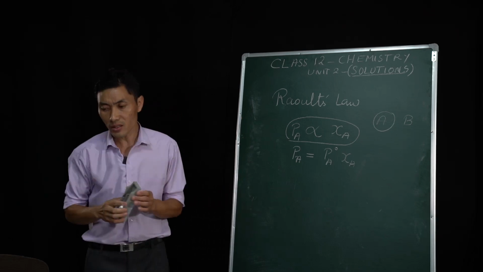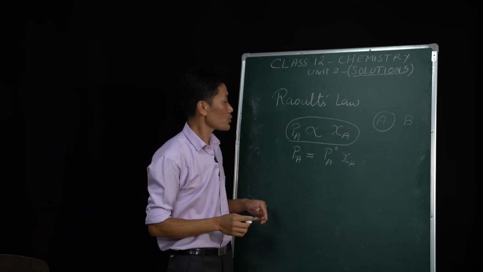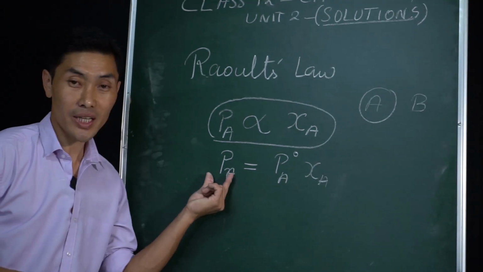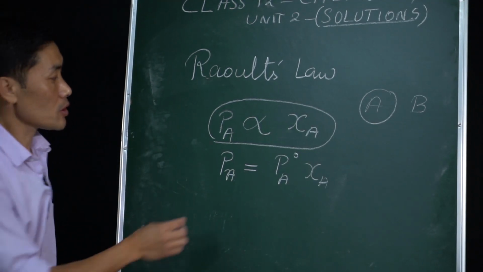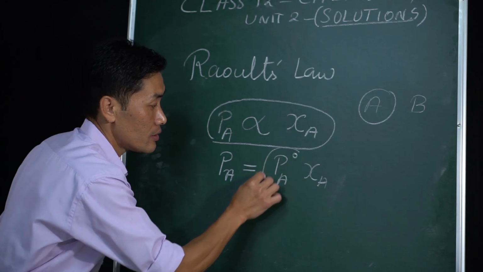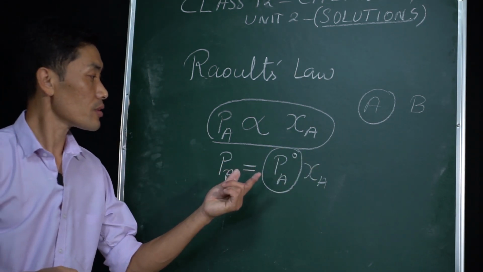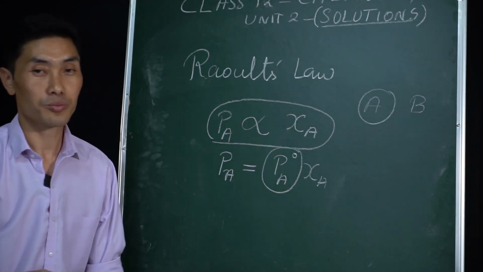Now this constant of proportionality is found to be equal to the vapor pressure of this component A in its pure form. That means PA naught here is the vapor pressure of component A in its pure form.